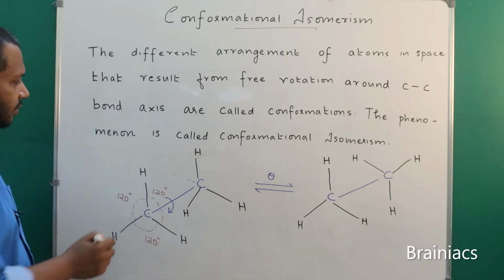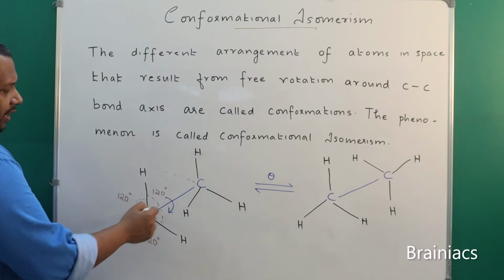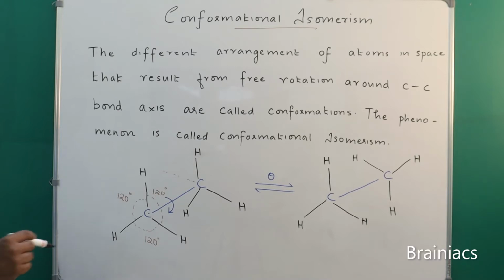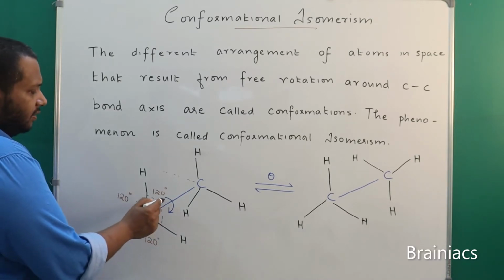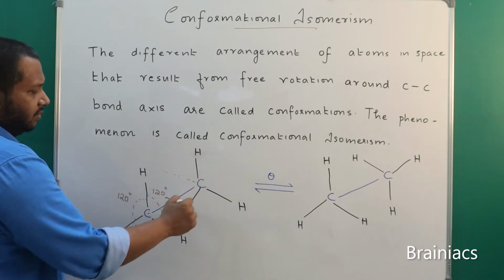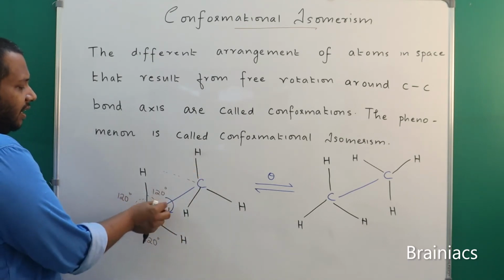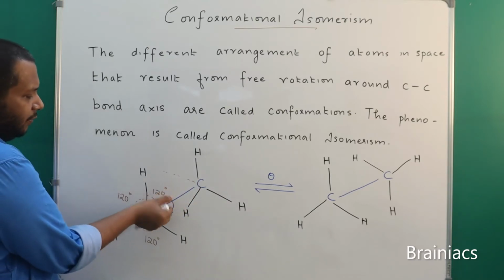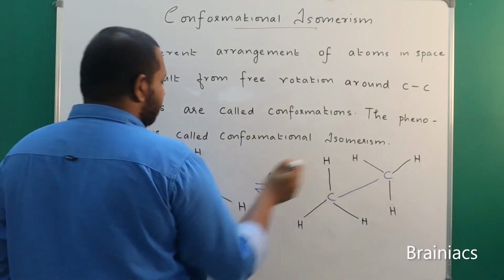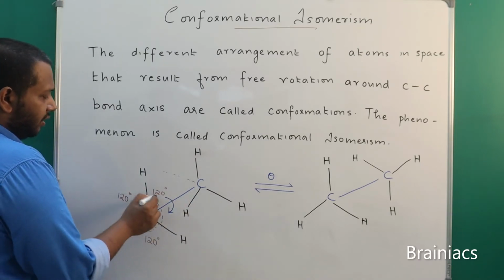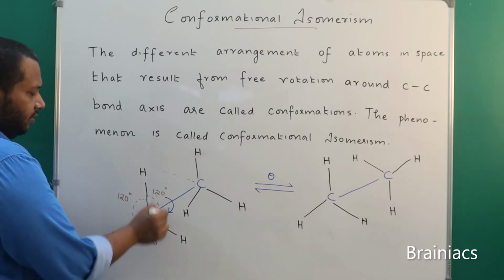Now, what is this compound? We know these two have the same molecular formula. Suppose initially the carbon and its hydrogen atoms are in this plane, correct? Since a single bond, an axial bond, is present, we can rotate this. If it is rotated, what will happen? Between two hydrogen atoms the angle is 120 degrees, so the total is 360 degrees.